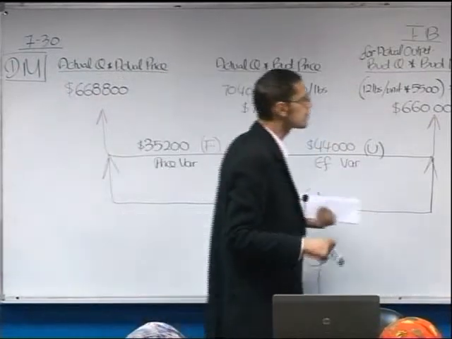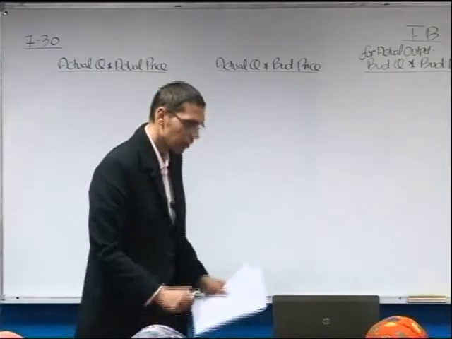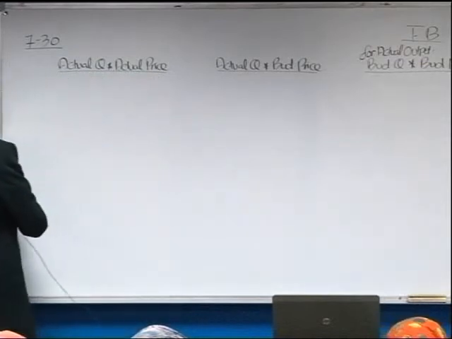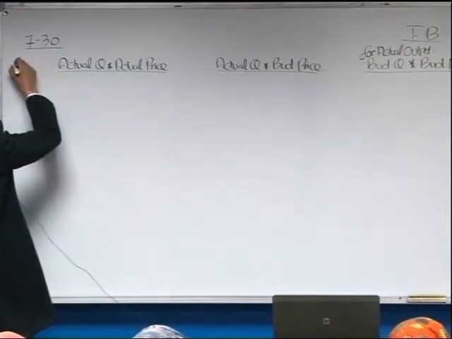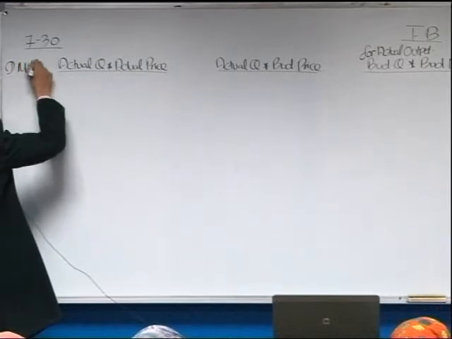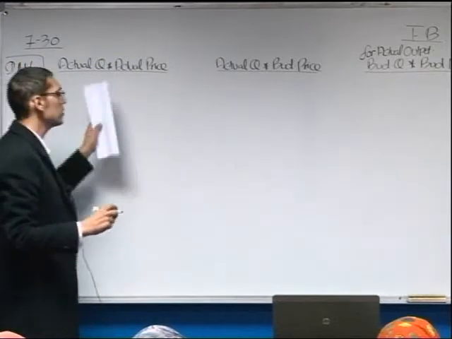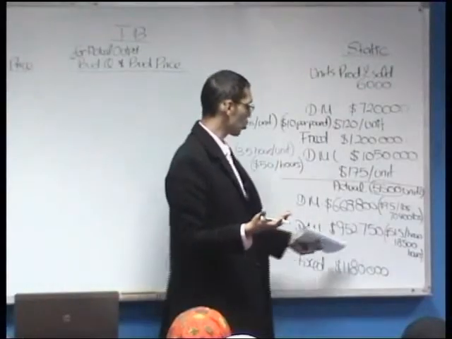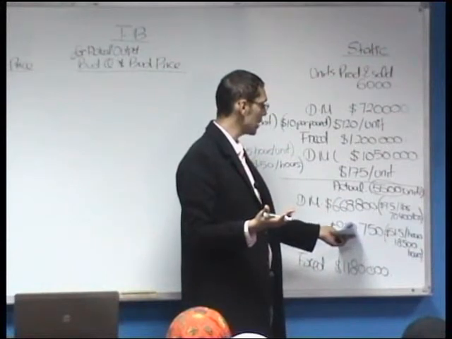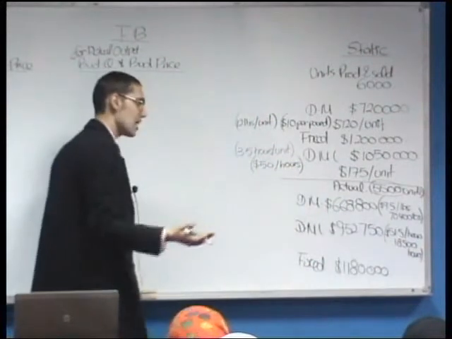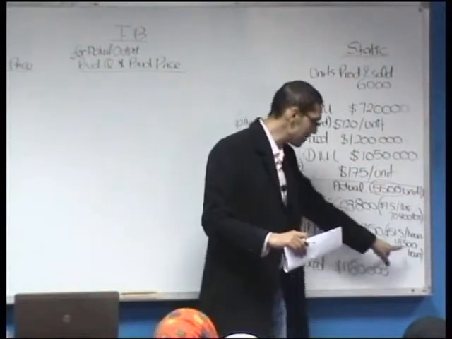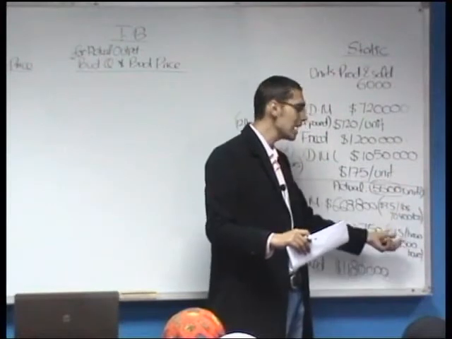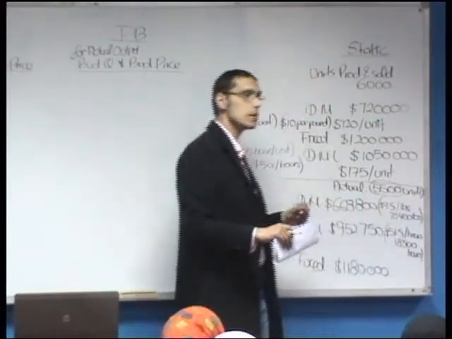Therefore, in order to perform the direct manufacturing labor level 3 analysis, we need first of all to have the actual costs. According to our question, they gave us the actual cost to be $952,750, by using 18,500 actual hours and a rate of $51.5 per hour.